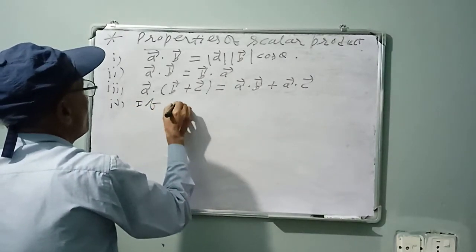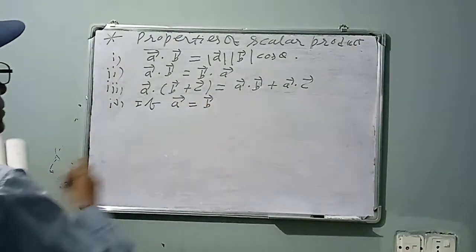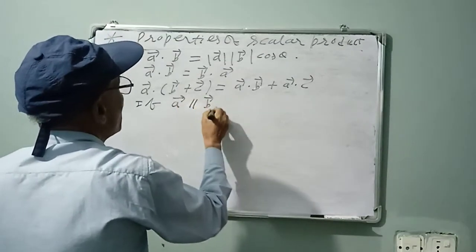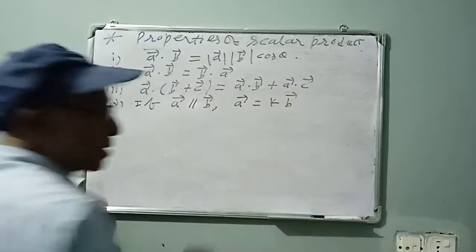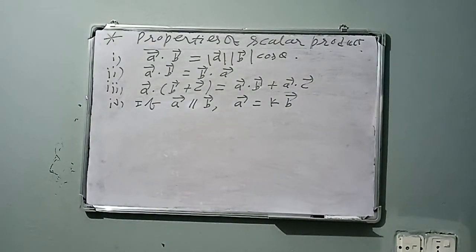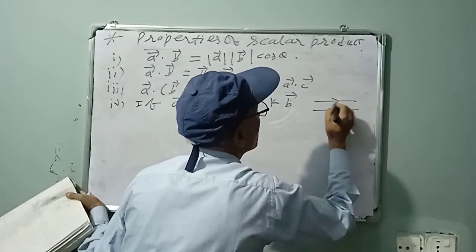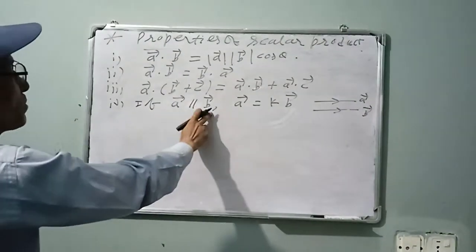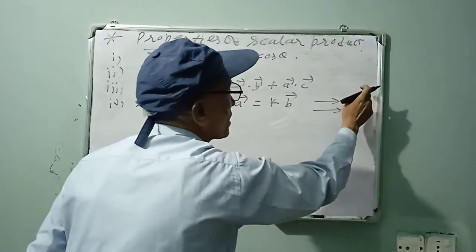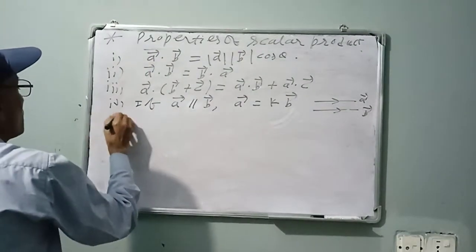If vector A is parallel to vector B, then you can express vector A in terms of vector B: vector A equals k times vector B. This is parallel vectors.